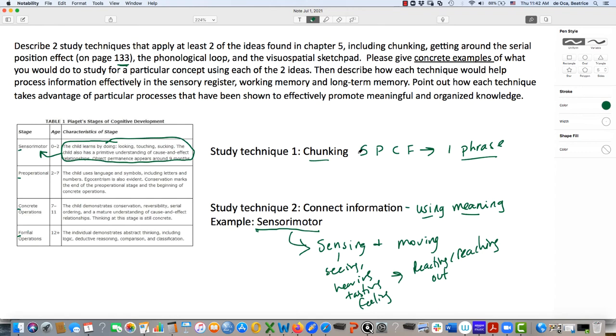And so when I come up with the first S here in SPCF, and I remember, okay, that's sensory motor, then I can think of the word itself, sensory motor, and remind myself, oh yeah, that has to do with sensing and moving, and then from there connect those ideas to the specific examples of sensing and moving that a child would be doing during this particular stage.